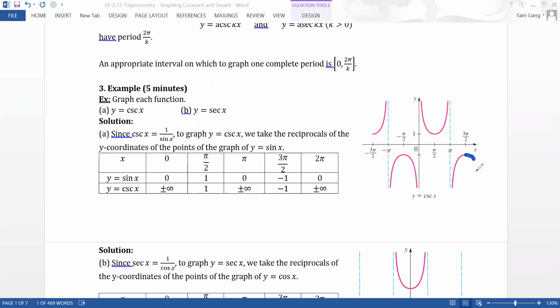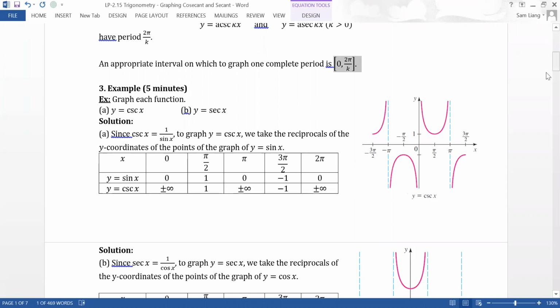So 0 to 2 pi would be just this branch here and that branch there. That's what I would draw in your notes. All right, I'm going to move on.